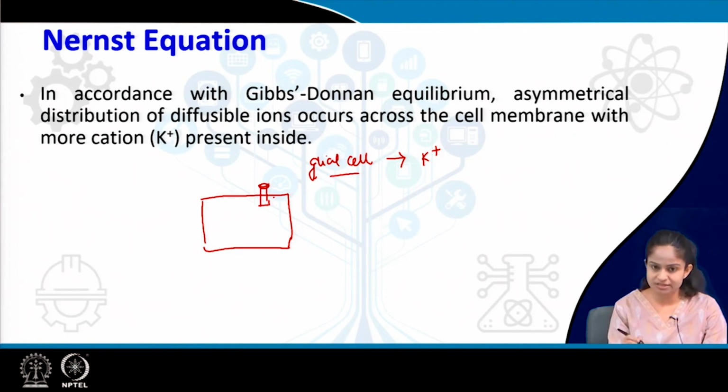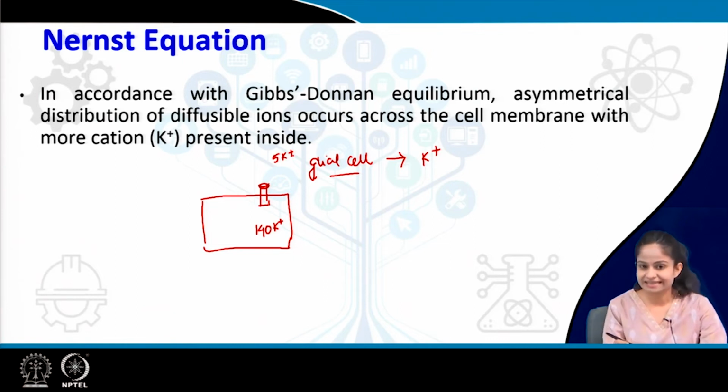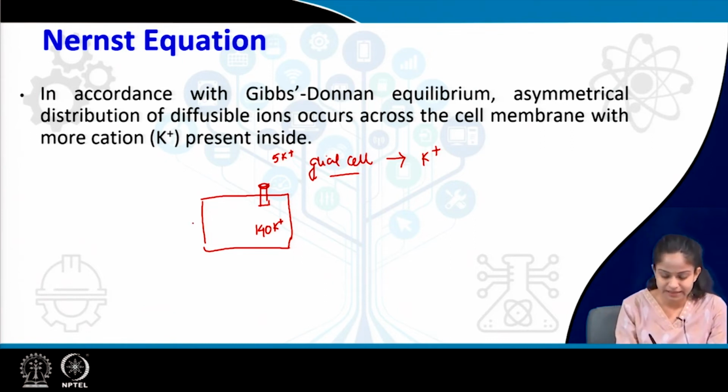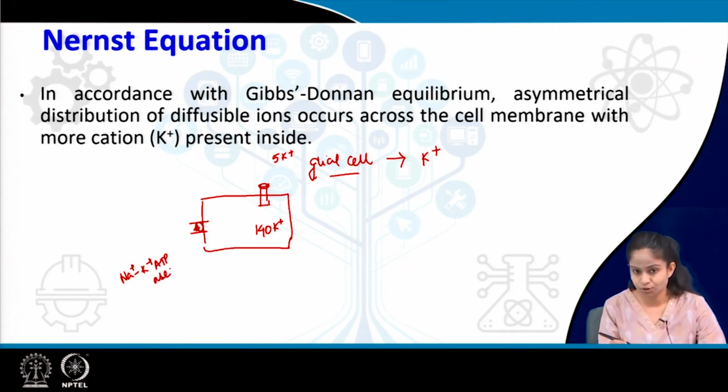As we know, intracellularly we have more potassium concentration, and extracellularly we have less potassium concentration, and this gradient is maintained by none other than the sodium potassium ATPase pump, which is a primary transport pump.